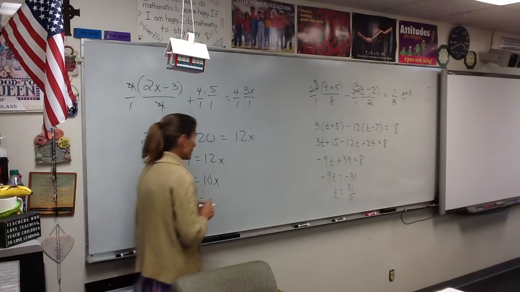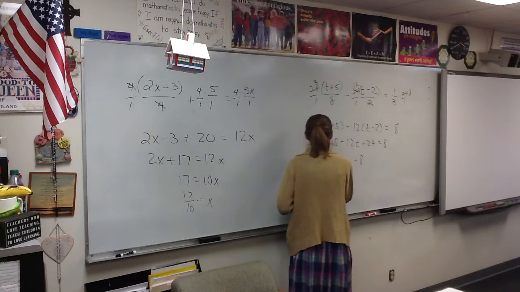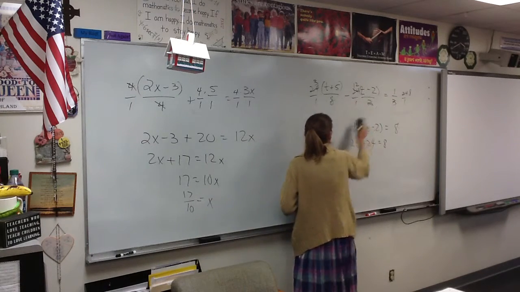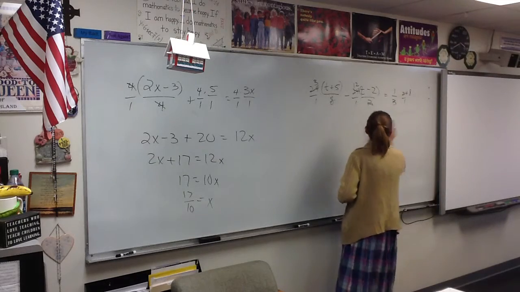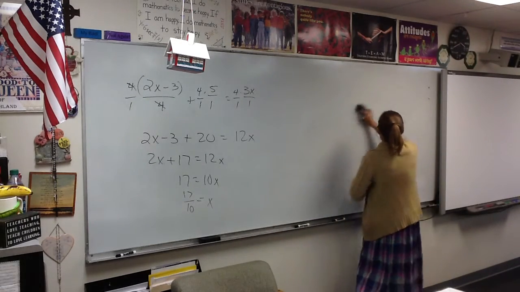I think sometimes we mess these up because we try to do too much in our head, so it doesn't hurt you to actually physically write down what you're multiplying by instead of trying to do that in your head. Sometimes it helps to actually see it.